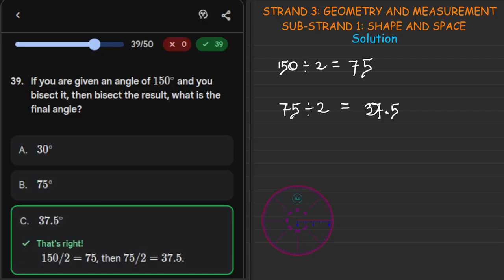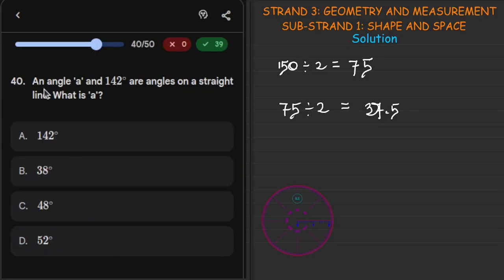Our question number 40. An angle A and 142 are angles on a straight line. What is A? Take note, we've been told they are angles on a straight line. Sometimes all you need are these petty clues to tell you what to do. Since they are angles on a straight line, they are simply supplementary.